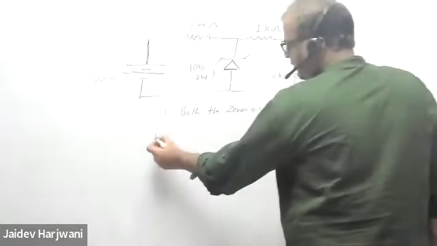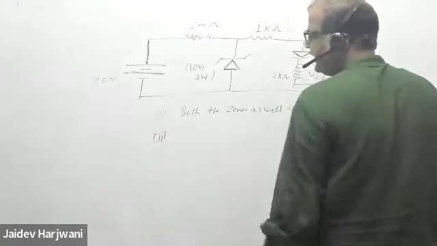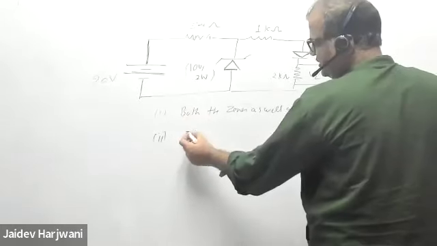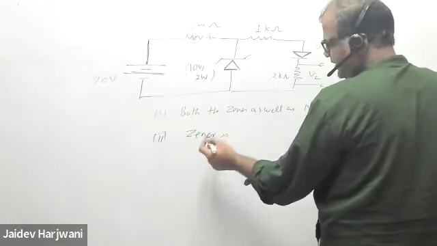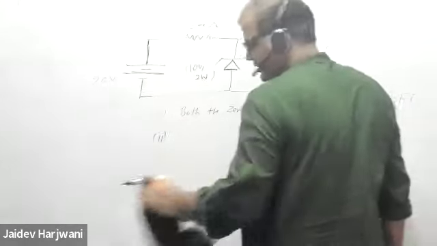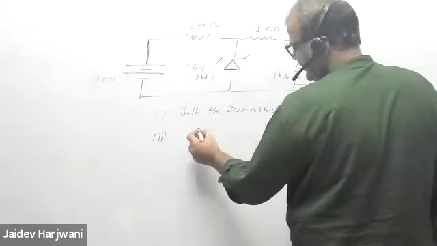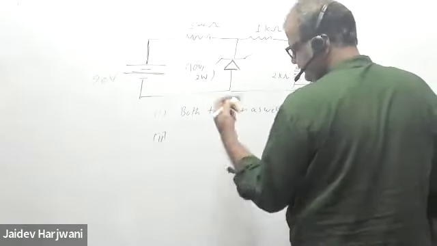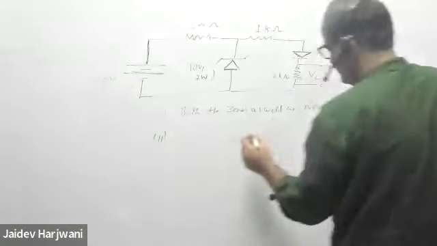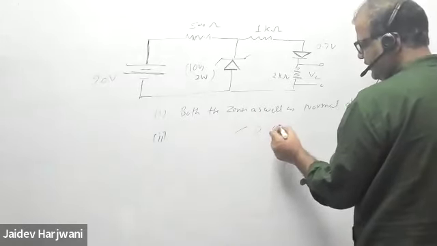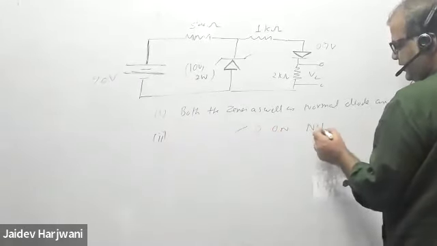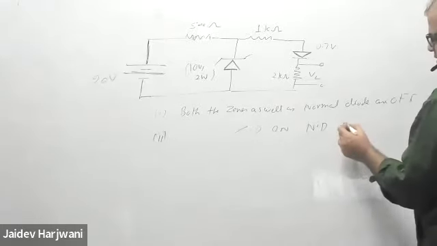Second possibility, I write ZD for Zener diode: ZD is on and the normal diode, ND, is off.